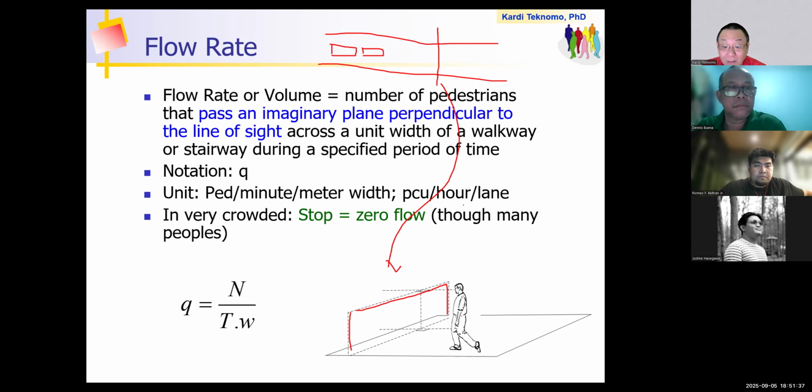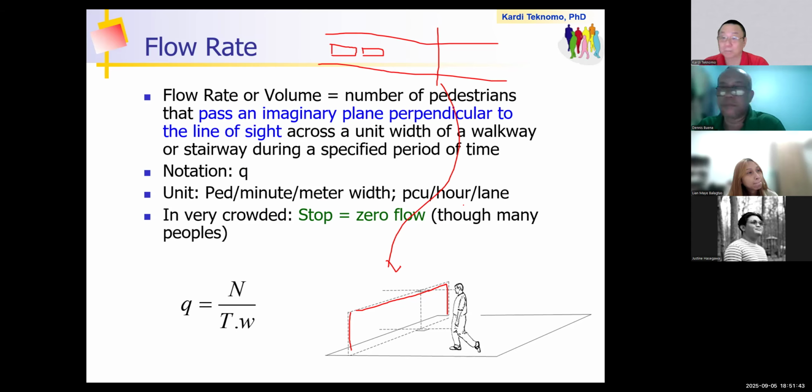The flow is 0. Yeah, the flow is 0. So the flow rate, when very crowded, the flow must be 0. Even though it has many people or many vehicles.